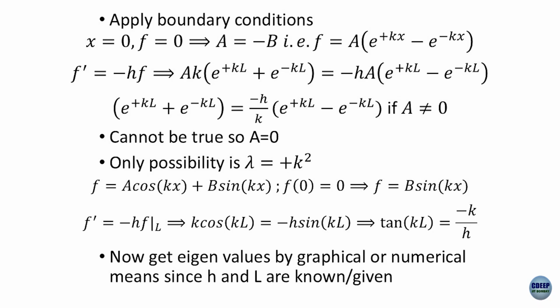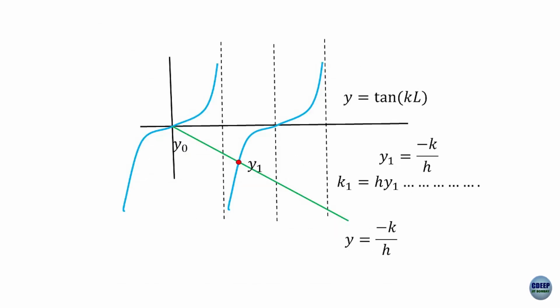The gradient of f being specified ends up in some kind of equation, and that has got this so-called eigenvalue sitting in here, and we need to try to get a solution for that equation. And the classical way is to go ahead and equate these two to a y, make a plot, and see where the two lines are intersecting, and those are going to give you the solution to that transcendental equation.